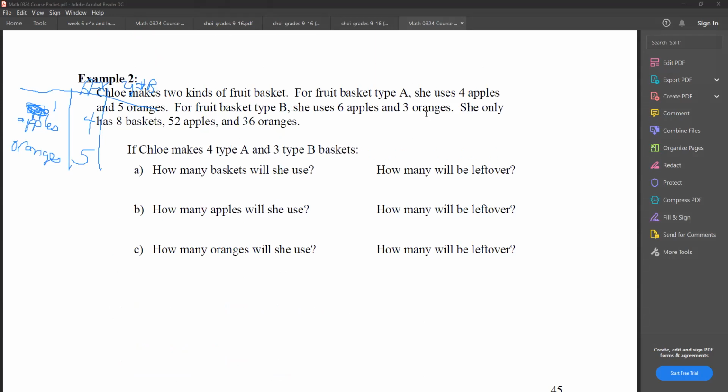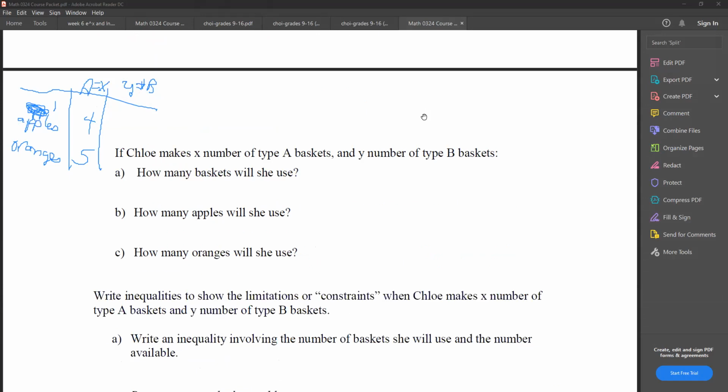Uses 6 apples, 3 oranges. Okay. There we go. Six apples, 3 oranges. I have a total of 8 baskets available.